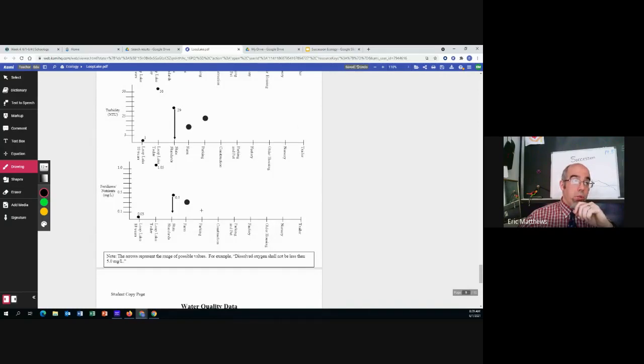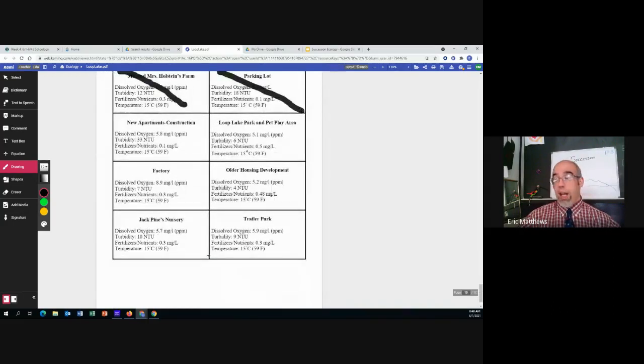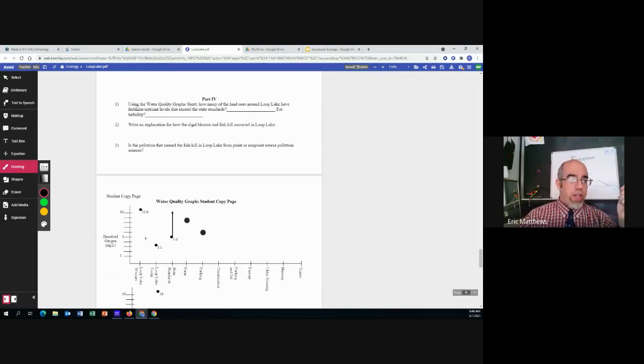Well, 0.1 is real low, so boom. All right, now we have all the dots for the parking lot. There's no line connection. We've done this one. You just want to go through each of these and put a dot where it would be to determine where these bad numbers are coming from.